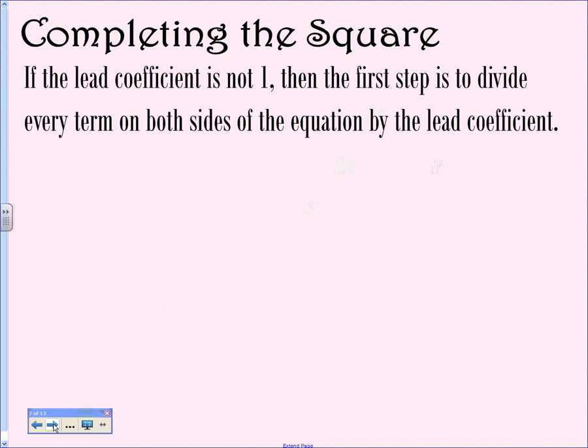Okay? So when you are completing the square and your lead coefficient is not 1, you have to add a step to your completing the square. You have to first divide every term by the lead coefficient. So if it's not a 1, you have to divide everything by it.